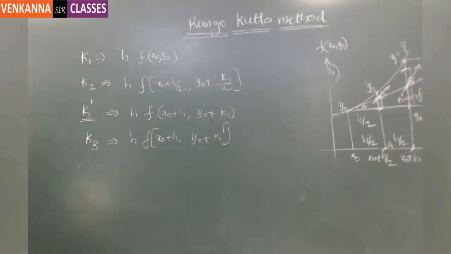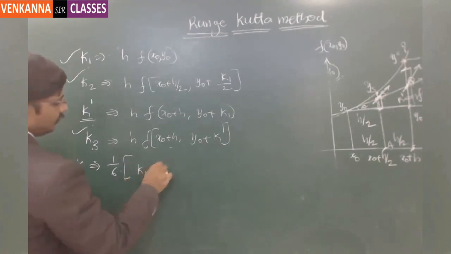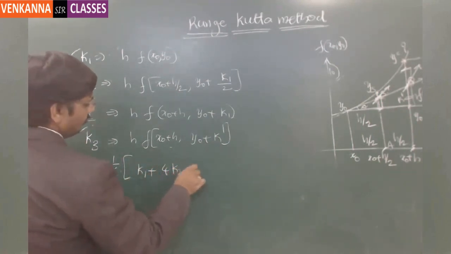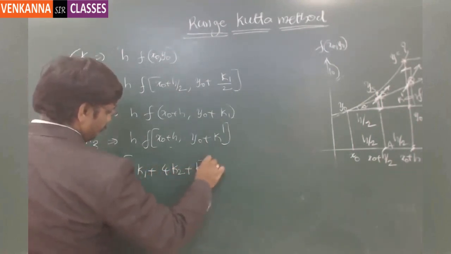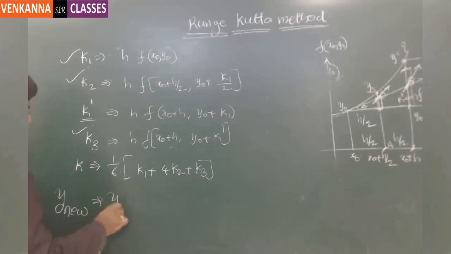Now for these values k1, k2 and k3, we will write the k value, which is the weighted average of all these things. So this is k1 plus 4 times k2 plus k3. So this is the k value, and the y new value is nothing but y old value plus k.